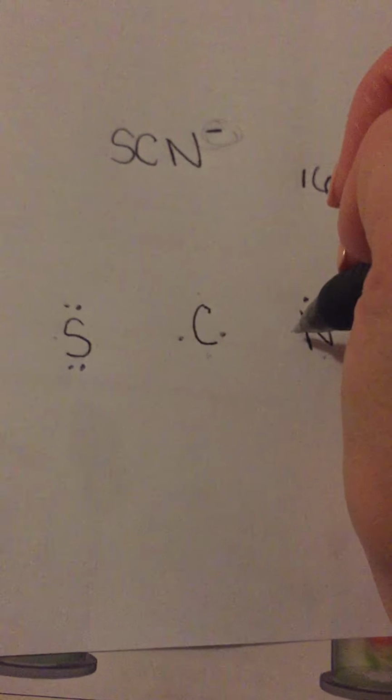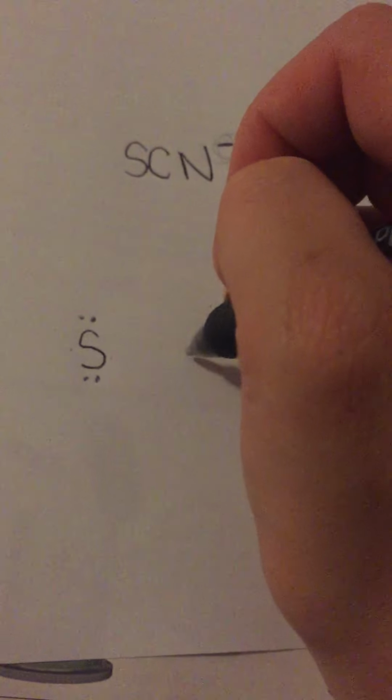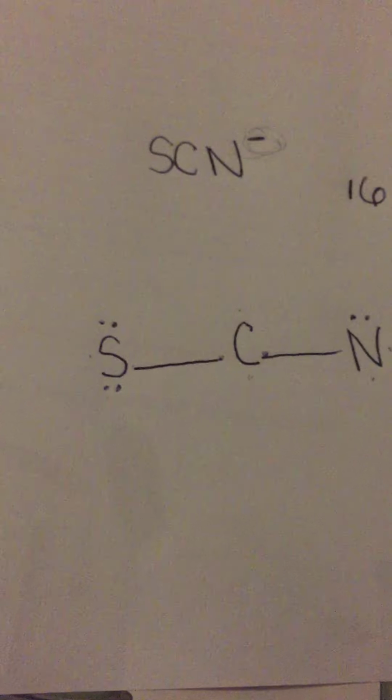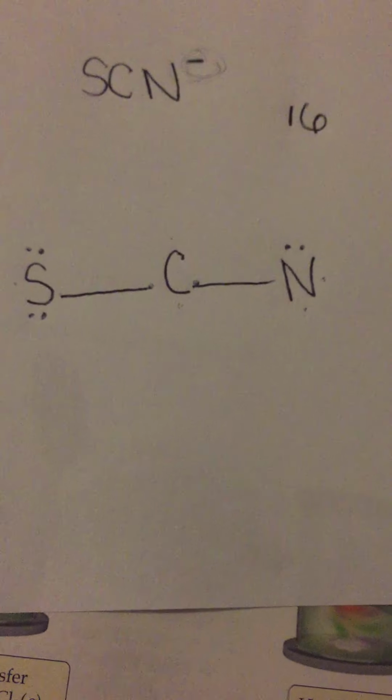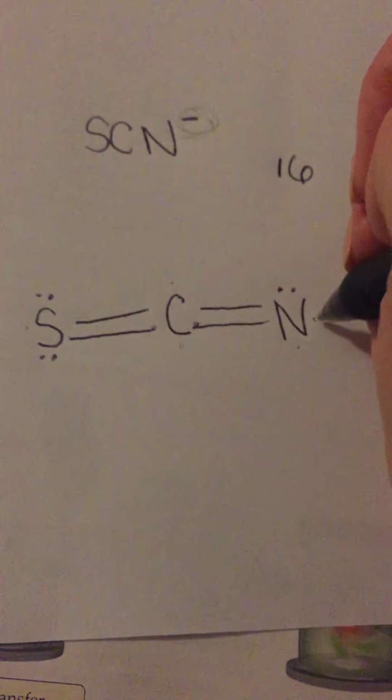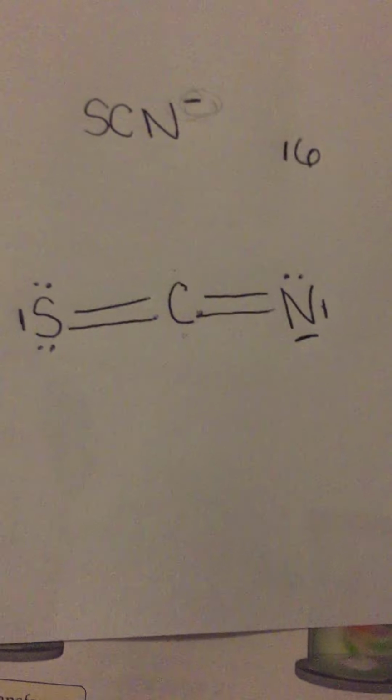So if we do just a single bond, is this going to work? We see no, it's not, because none of the atoms are going to have their octet. So we'll go ahead and do a double bond between each. So like these little ones I had written there will go away. We'll move over here to do the double bond.